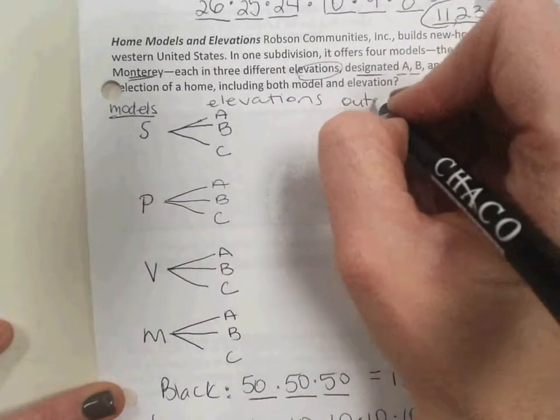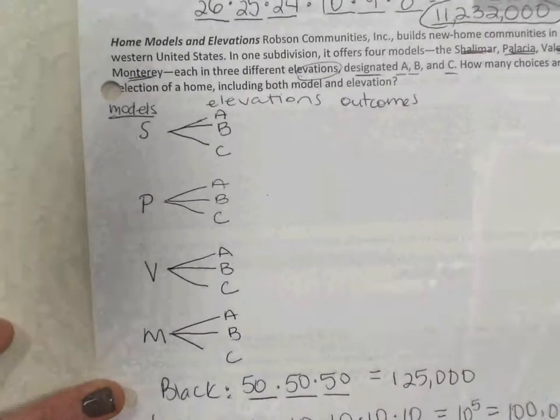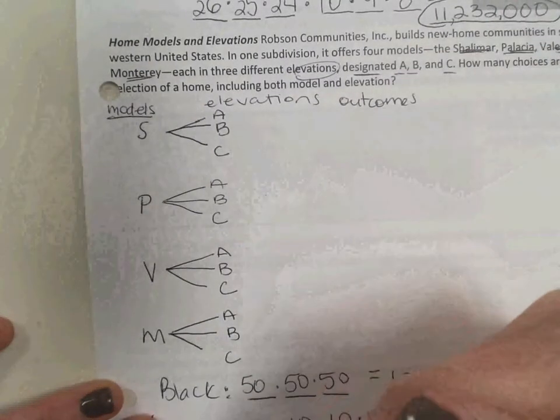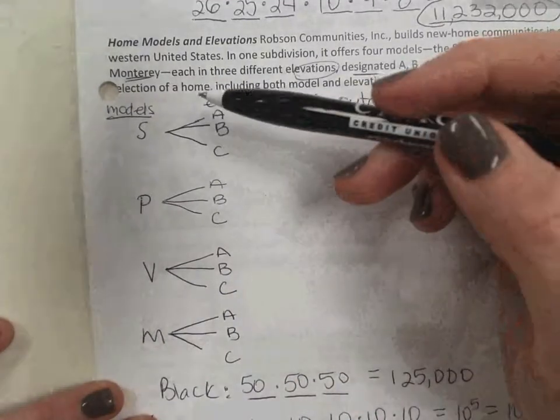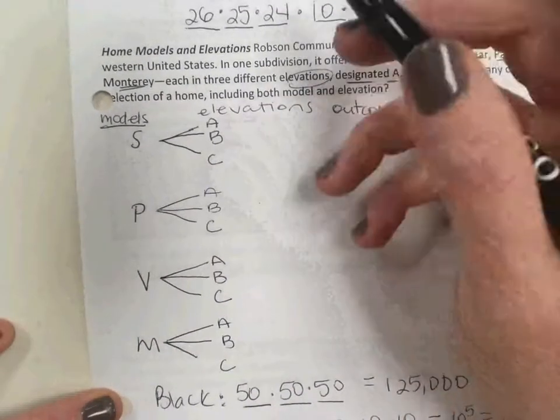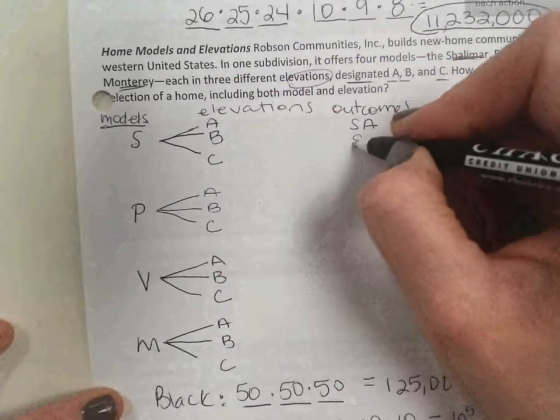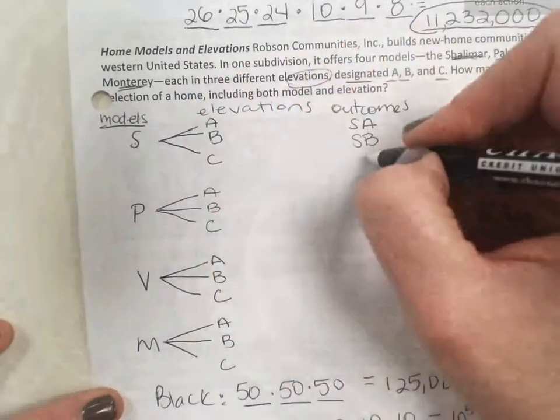And then lastly, I list the outcomes, all the possible outcomes. And having it listed this way just makes it really easy to observe. So SA is one outcome, SB, and SC.